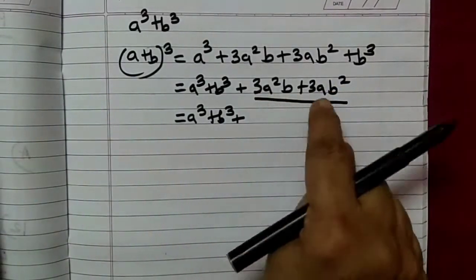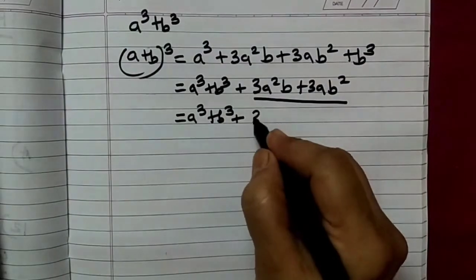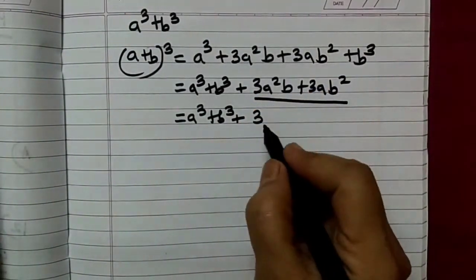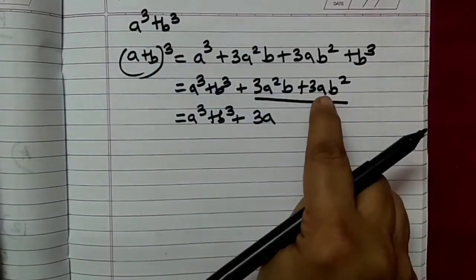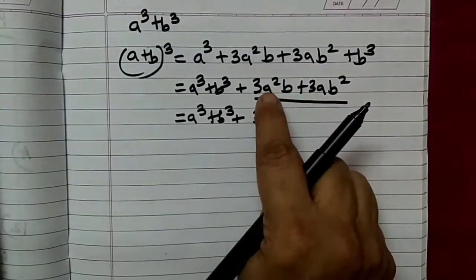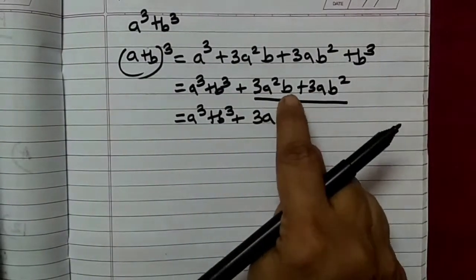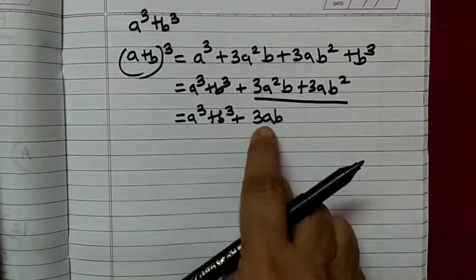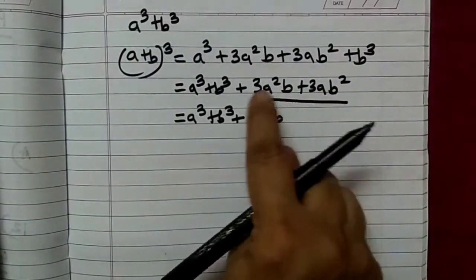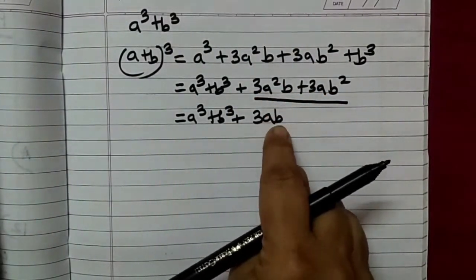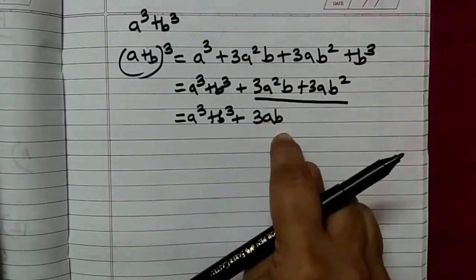So what is common between these two? The common is 3, which is there in both the terms. Then 1a is common in both the terms, because here there is only 1a, here there are 2a's, but common is only 1, so we take out only 1a, and 1b is common. This part is common for both: 3a square b also has 3ab, and 3ab square also has 3ab.